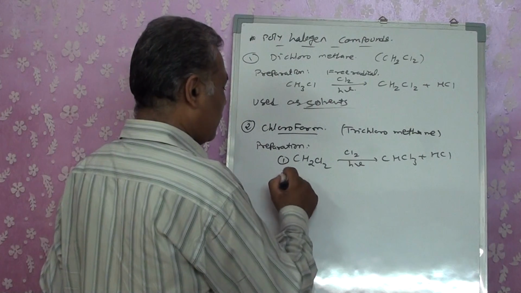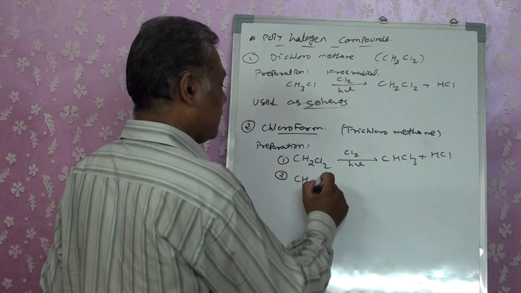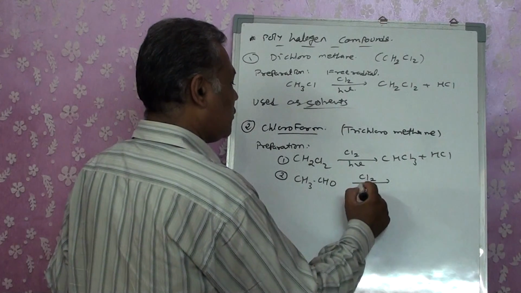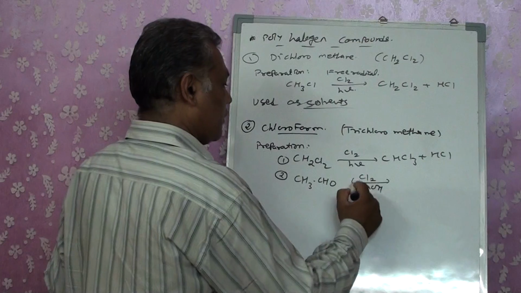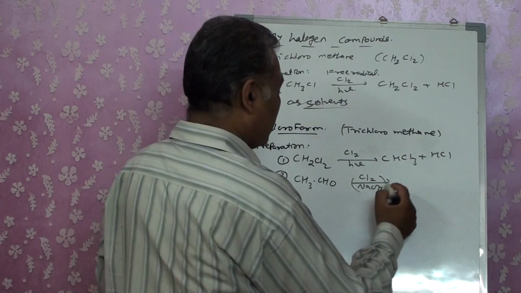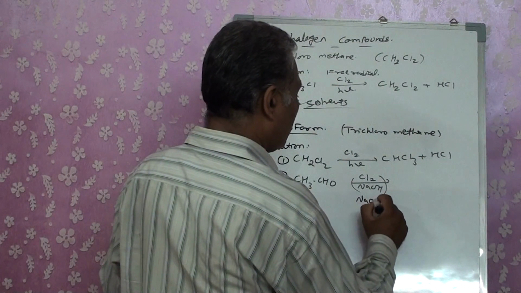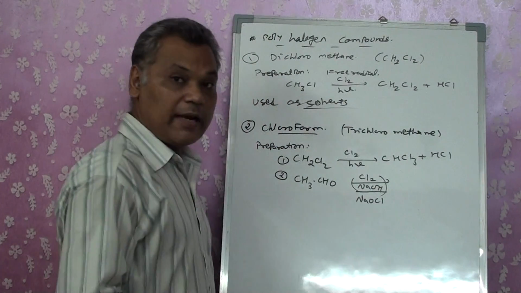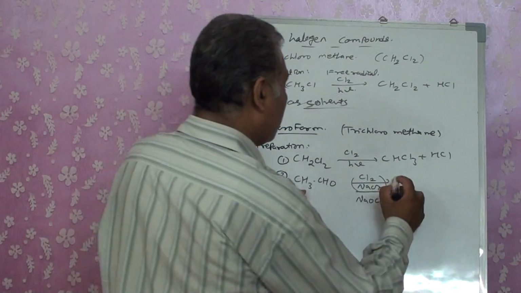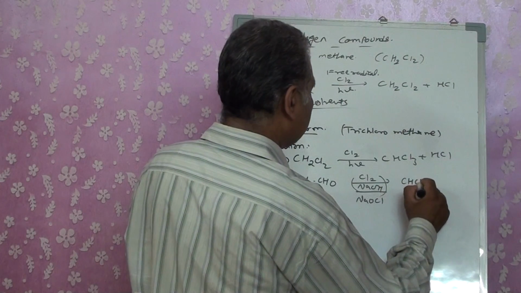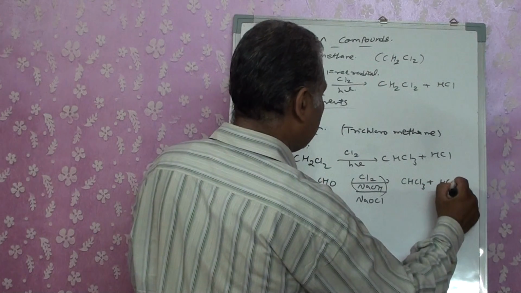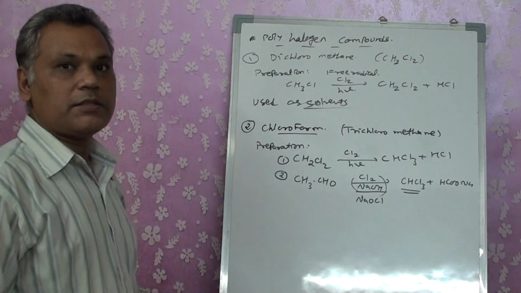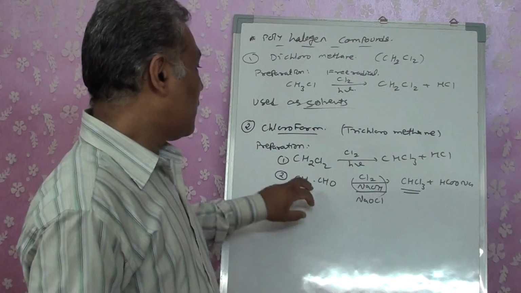But in place of that, if you take CH3CHO in presence of Cl2 and NaOH, these react to produce NaOCl, which reacts further to produce CHCl3 plus HCOONa, chloroform. This is one reaction.